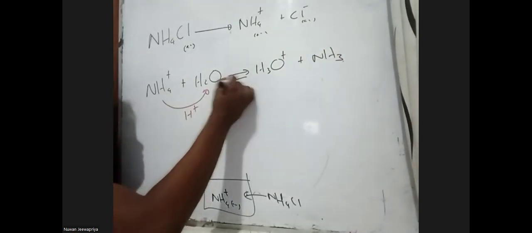The ammonium ion acts as a Bronsted acid. It donates H plus and makes what? H2O becomes H3O plus, and then the ammonia. It happens this way. So for the 19th question, in answer A we read that the ammonium ion donates protons.